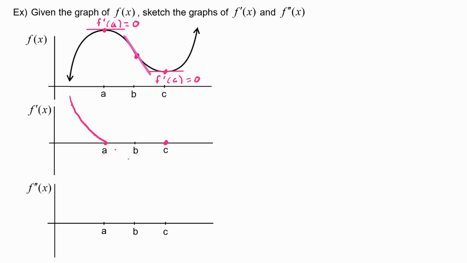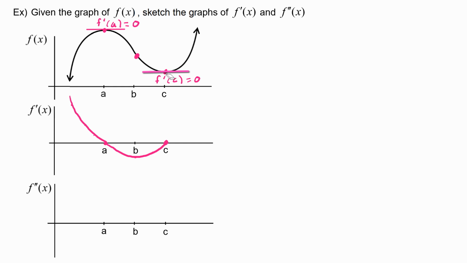So maybe that steepest negative value would be about there. After that, the slope of the tangent is still negative, but it's getting closer and closer to being 0. So it's going up towards 0. So we can try to connect those points.